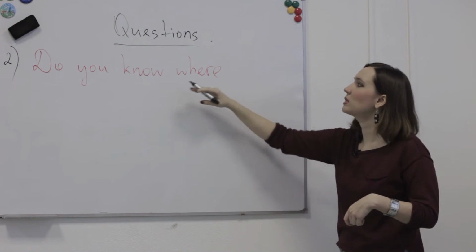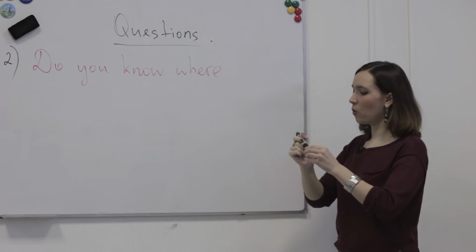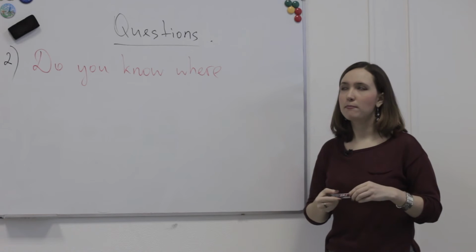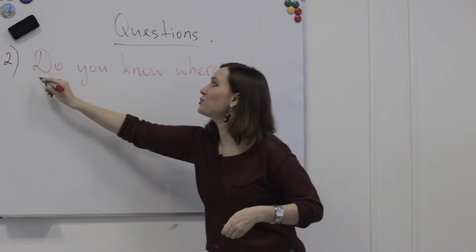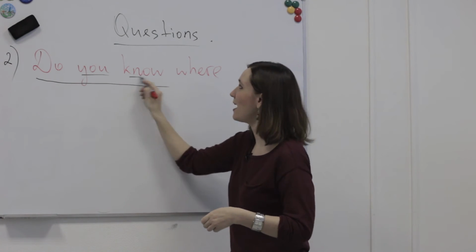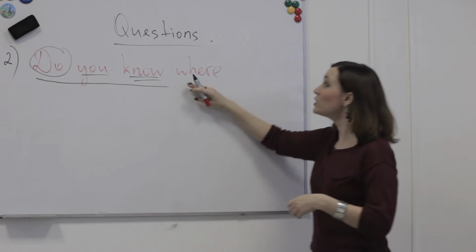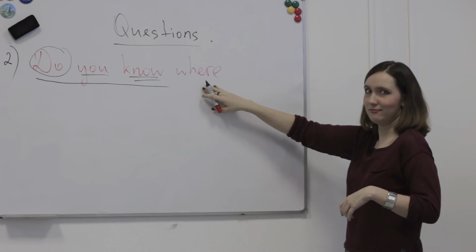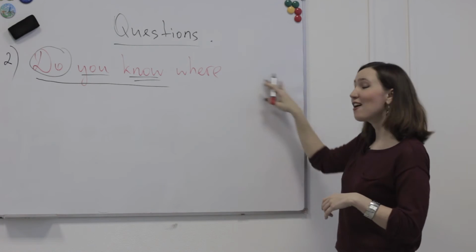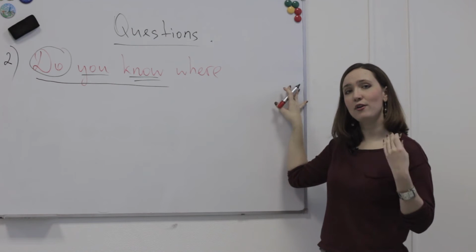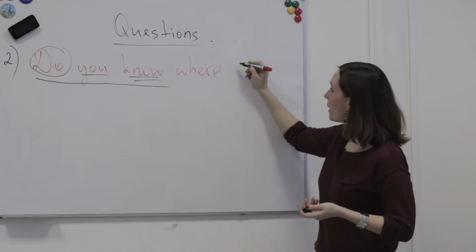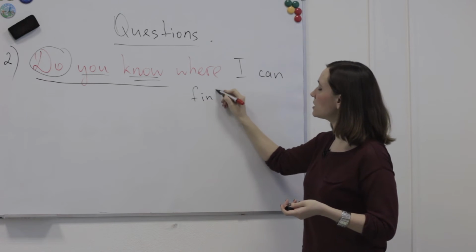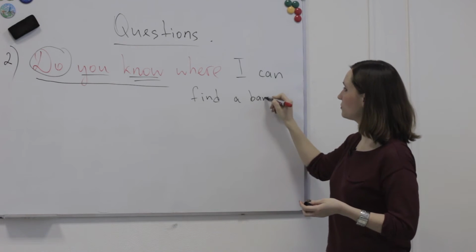So you want to go something like, do you know where can I find a bank? But you have the question form here, yeah, according to the rule. So even though we've got a question word right here, you can see it pretty well, afterwards it's just a simple affirmative structure. Where I can find a bank.